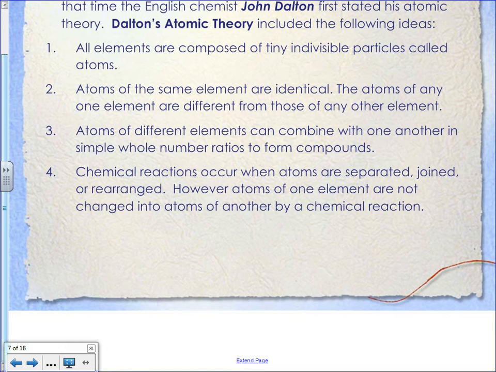Third thing, atoms of different elements can combine with one another in simple whole number ratios to form compounds. This whole number ratios part is important. It means you never have a molecule that contains half or 3/4 of an atom. They can only go together in whole numbers.